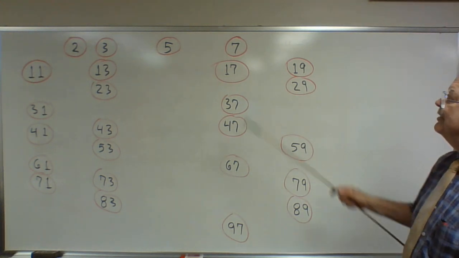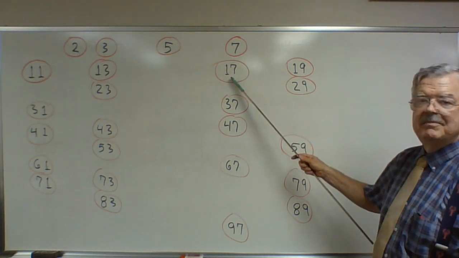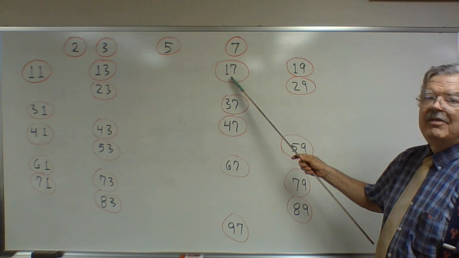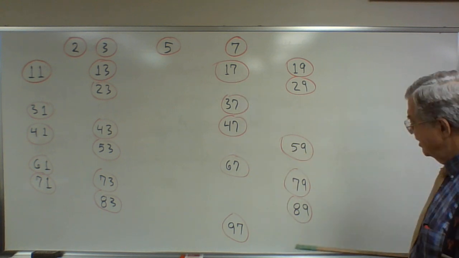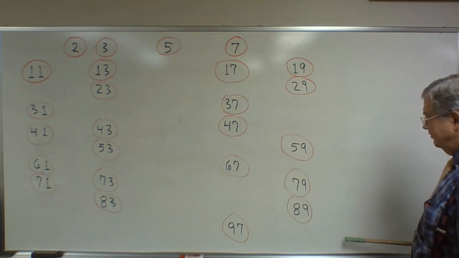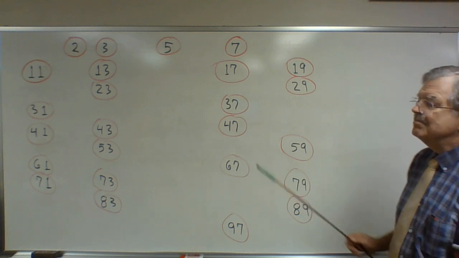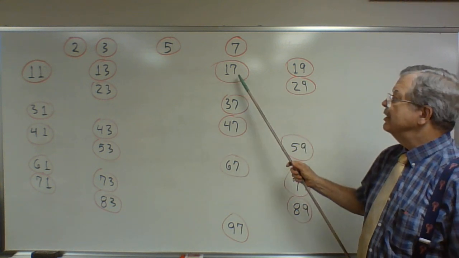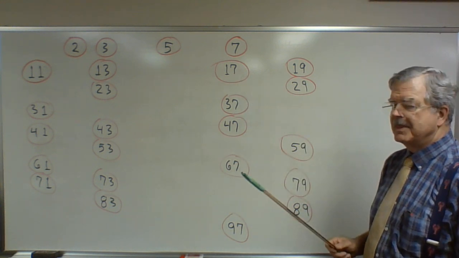When it came to 7 times 17, that's a larger number than the largest number that was on this list, 100. So we didn't have to worry about that anymore.